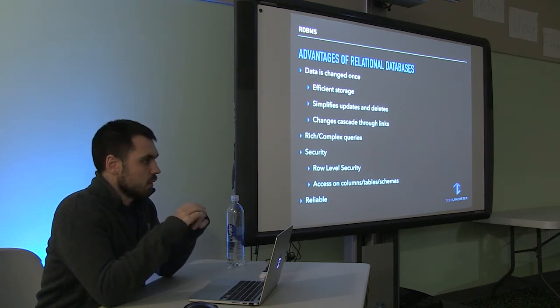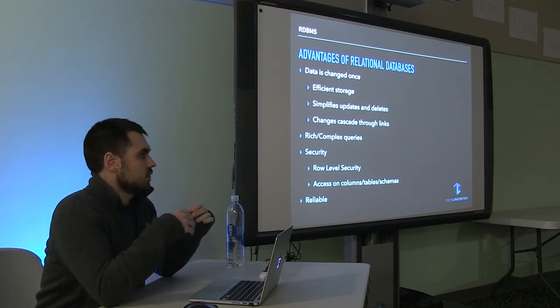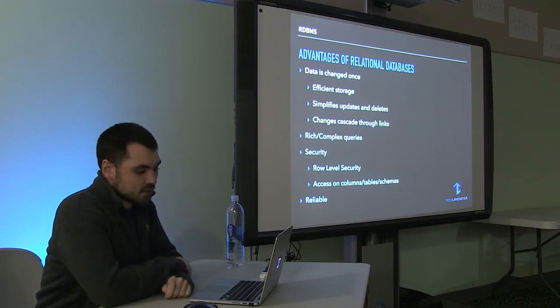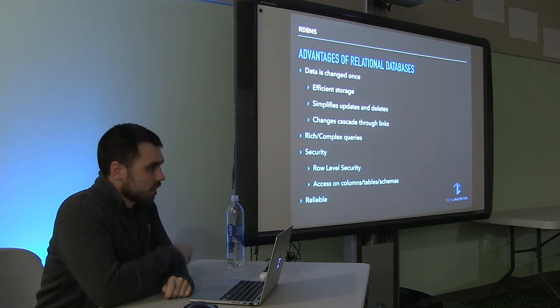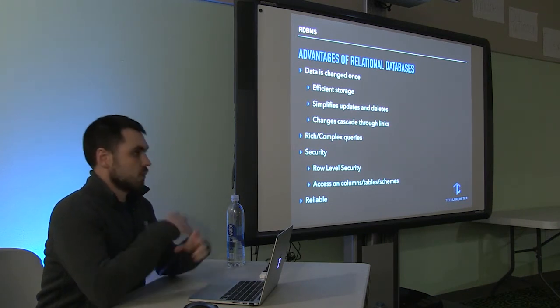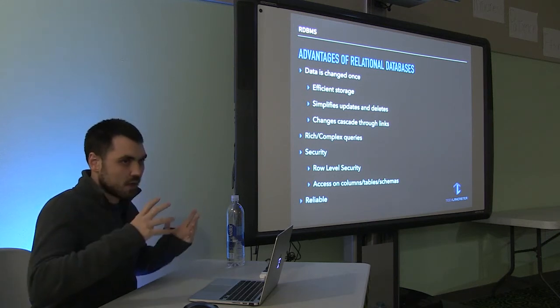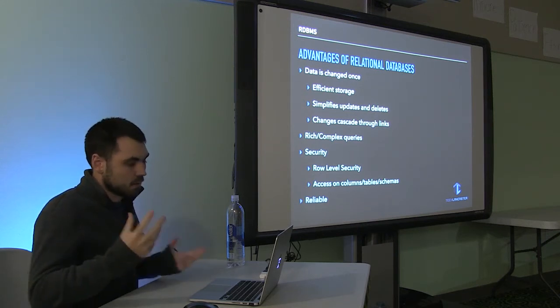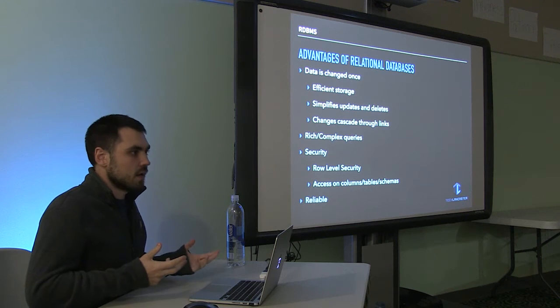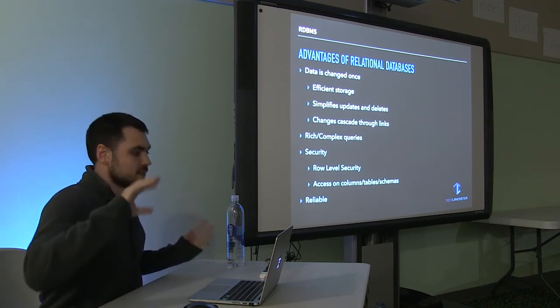And if there's triggers on the change, it'll follow those triggers. If there's constraints, all that stuff is applied. Like I said, rich and complex queries can be done in SQL, and that's kind of the big picture. We can take tables and join them together like they're one table, and do amazing things with our data that isn't necessarily together.